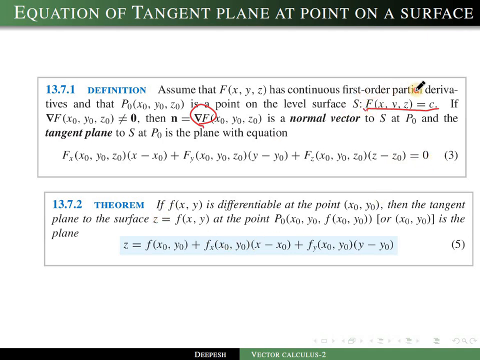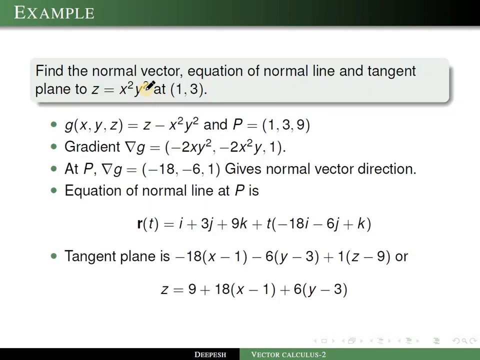And if the surface is given explicitly like z = f(x, y), then the equation of the tangent plane just modifies into z equal to this.